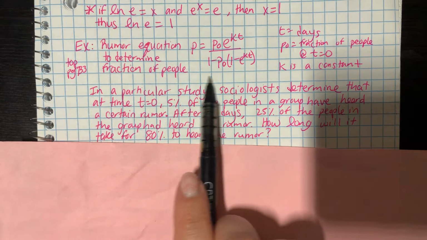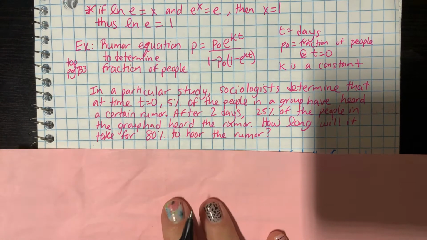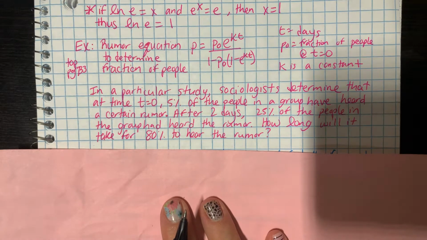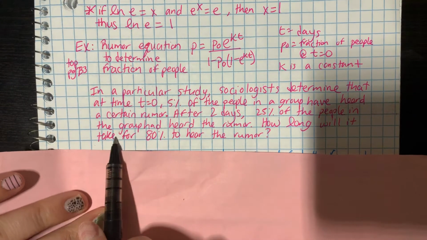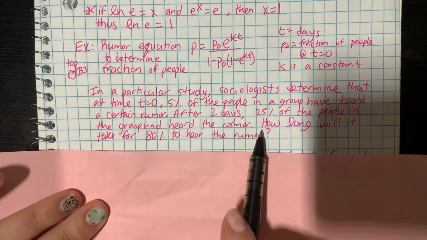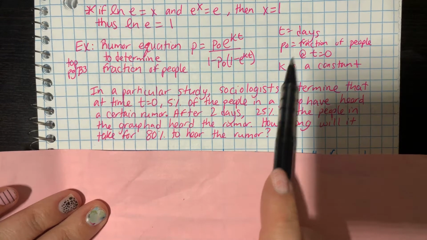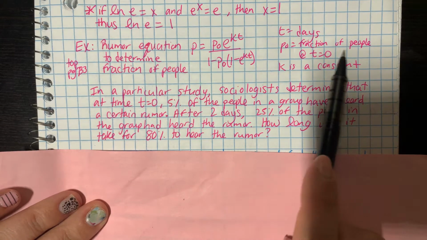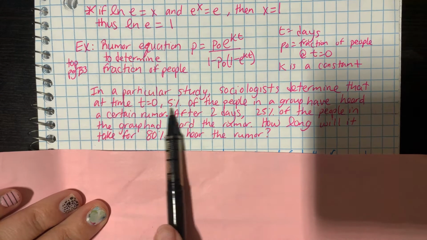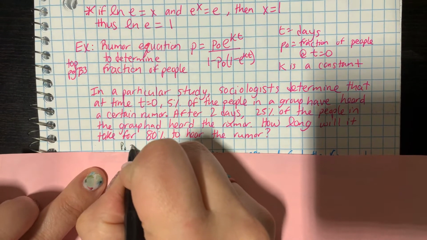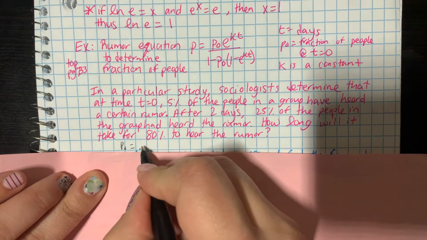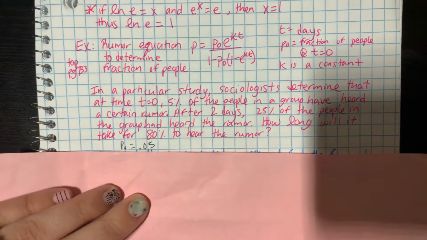The first thing is we could write these things out. So how long will it take for 80% of people to hear the rumor? So that's the time that we want to find. P0 is the fraction of people at time equals 0. So at time equals 0, our P0 is going to be 0.05.